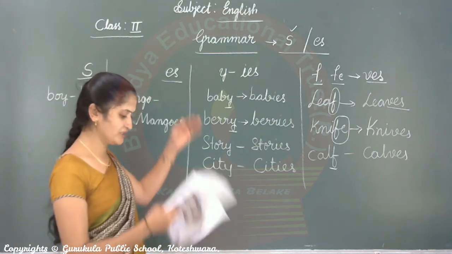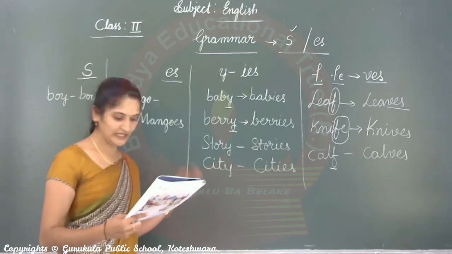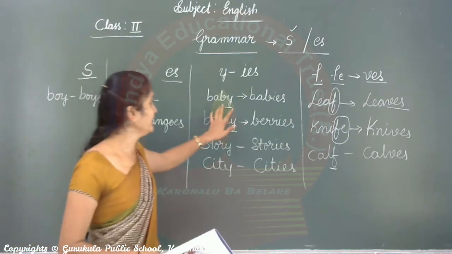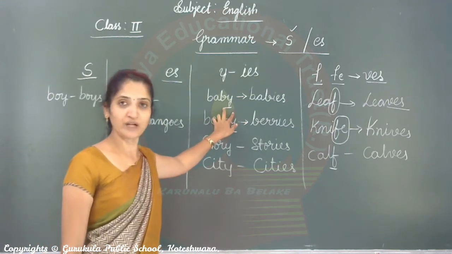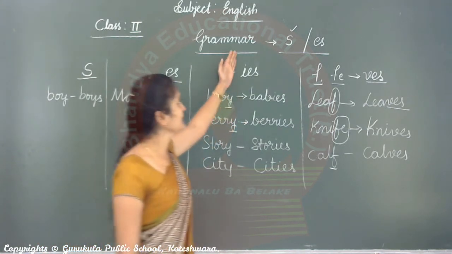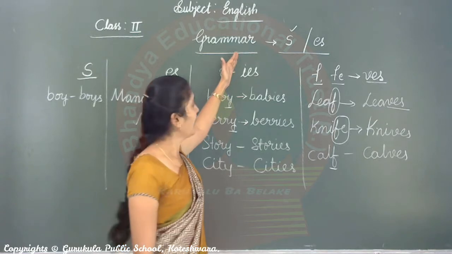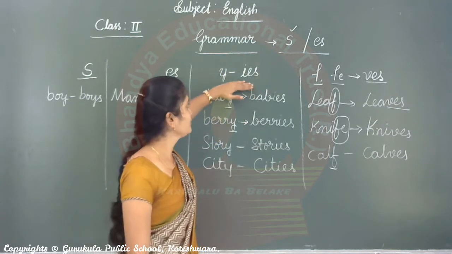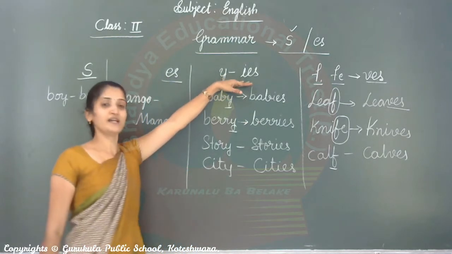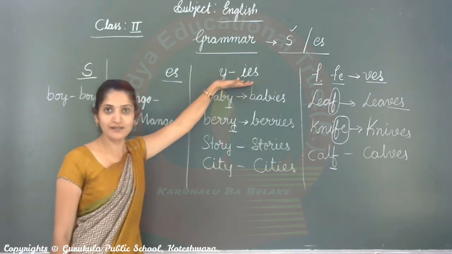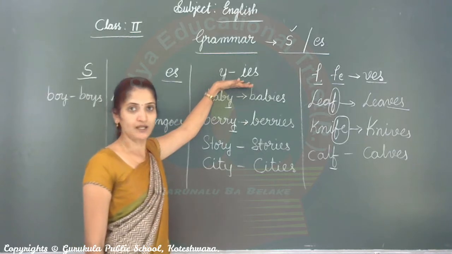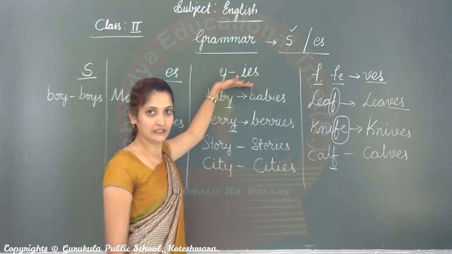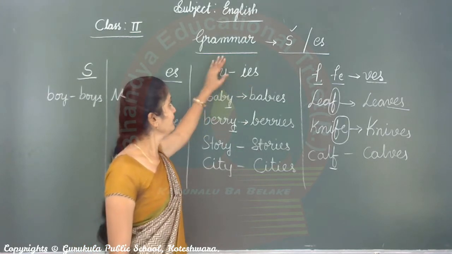Then this one, story. Many I told here. Story, lily. At the end of the noun, if the letter Y comes, we will change it into the plural IES. Don't get confused, children. If the letter at the end of the noun is Y, we will change it.